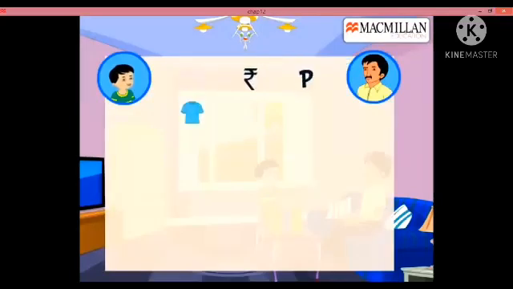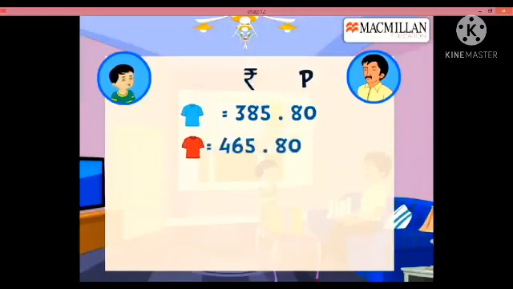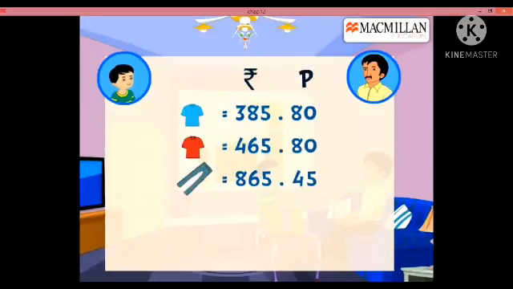Cost of blue t-shirt is 385 rupees and 80 paise, plus cost of red t-shirt, which is 465 rupees and 80 paise, plus cost of 1 pair of jeans, which is 865 rupees and 45 paise, plus cost of ice cream, which is 28 rupees. Since the cost of ice cream is only 28 rupees and no paise, I will write 0 in place of paise, like this. Isn't it, Dad?